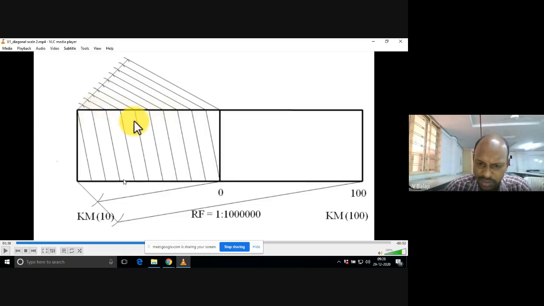Because the main unit contains 100. The main part contains 100 kilometer. It's a single division, right? It's a big division, and that part we have subdivided. We have got 10 more subdivisions.